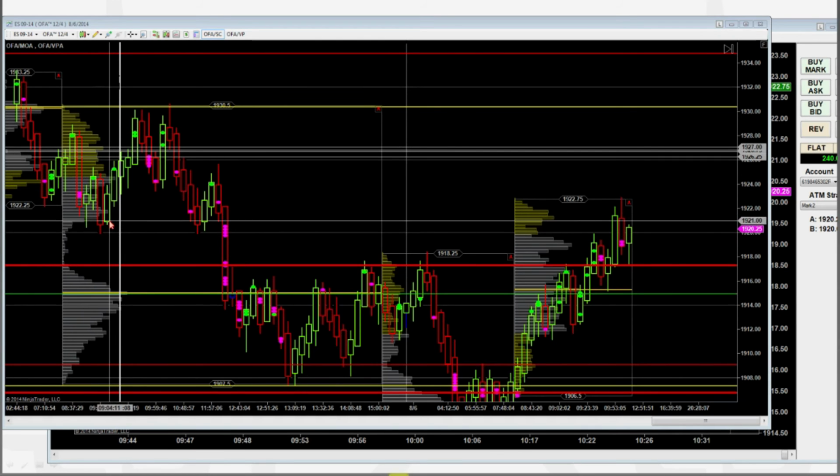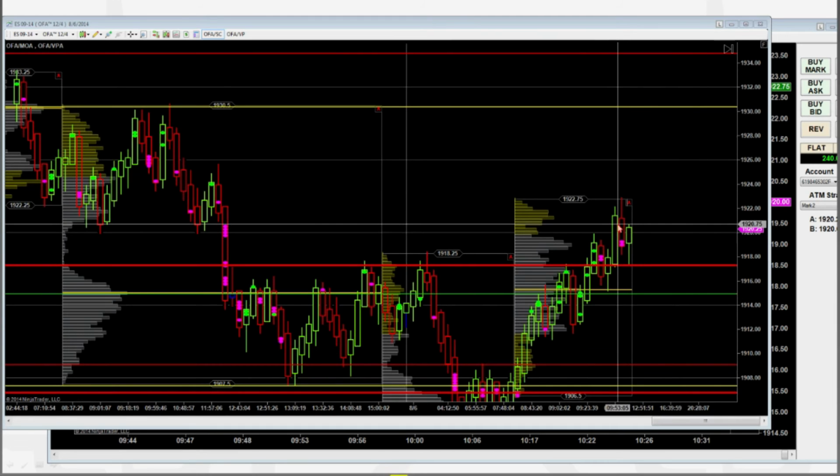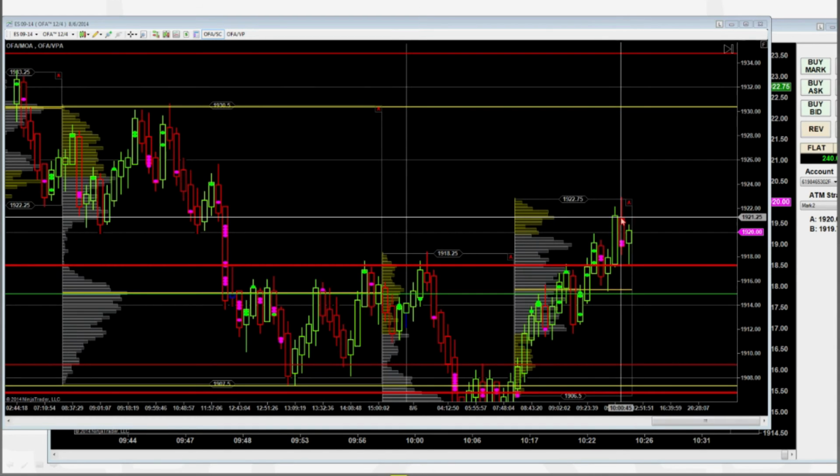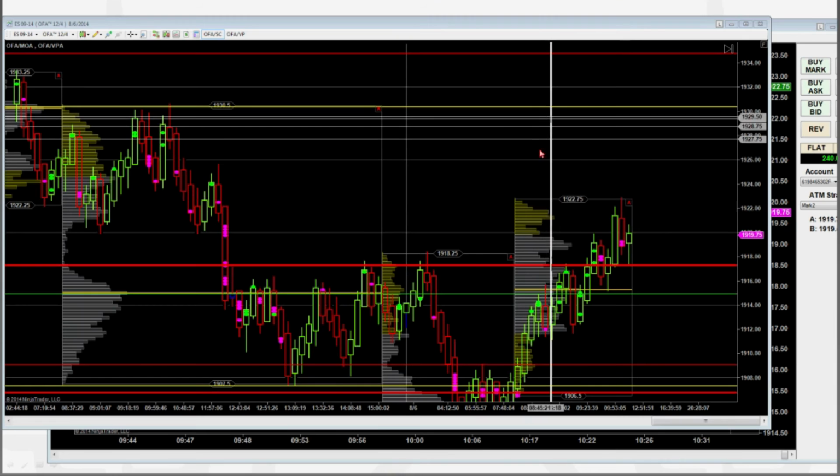And now we've got the potential to re-engage this auction and move higher. And if that happens, I've got a next target at 24, maybe 23.75, depending on how aggressive I want to be. And then potentially all the way back up here to 29.50, 29.75.